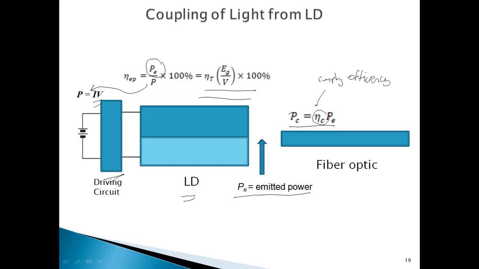PE is the emitted power from this laser diode. So to calculate the amount of coupling power into the fiber optics, we use this equation, where the coupling efficiency is multiplied with the emitted power, which enables us to calculate the coupling power. This is what needs to be understood on how the light from a laser diode is coupled into the fiber optics.